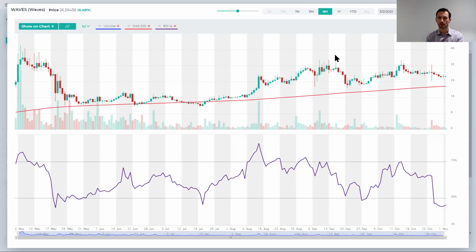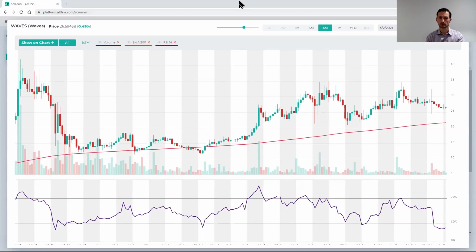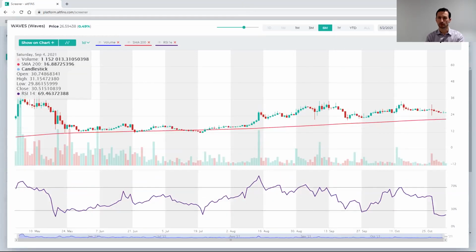I'm trying to get to, here we go, support area, make the price chart a bit bigger here. You can do that by scaling this little button here. All right, so the price, let's see, we're getting close to 25. Now I don't have my controls.